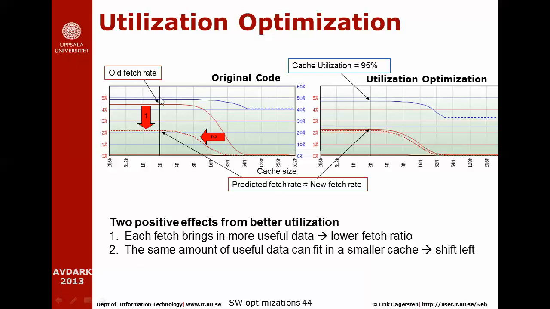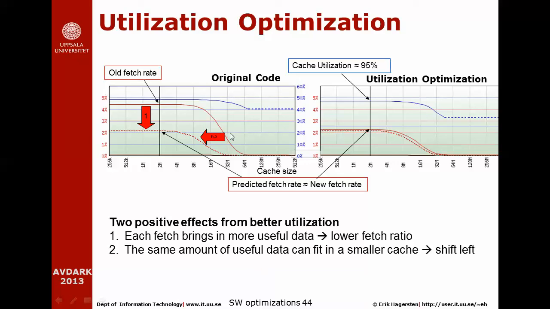That's because after the fix, each fetch will bring in more useful data into the cache, actually twice as much useful data. So this will probably come down to exactly 50% of where it was before. And we can put the same amount of useful data, all the status information that we're interested in, into a smaller footprint.